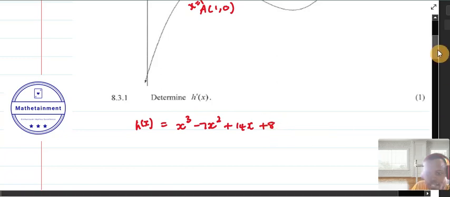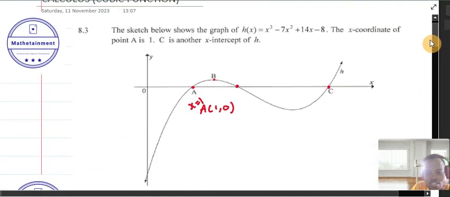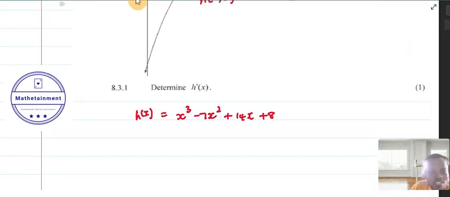Let me check whether I copied it correctly. Not copied correctly. It's not plus 8, it should be minus 8. And we are required to find h prime of x.